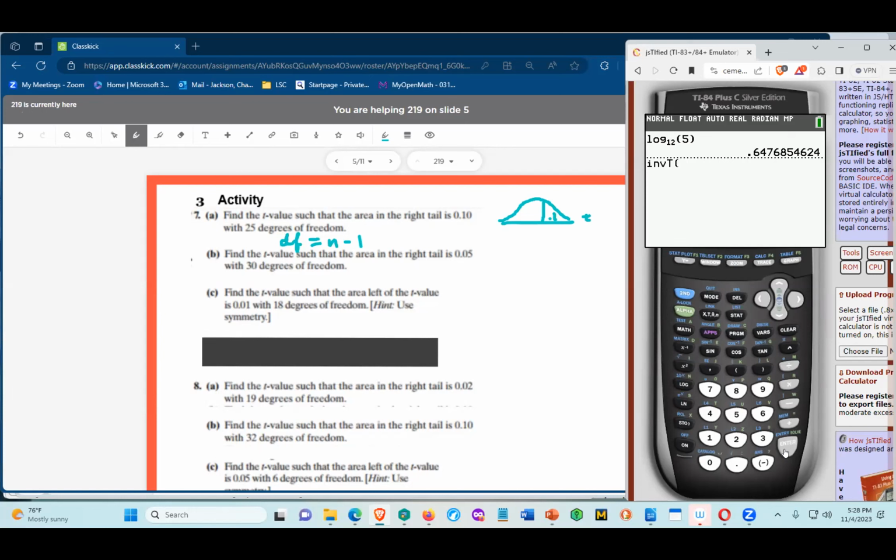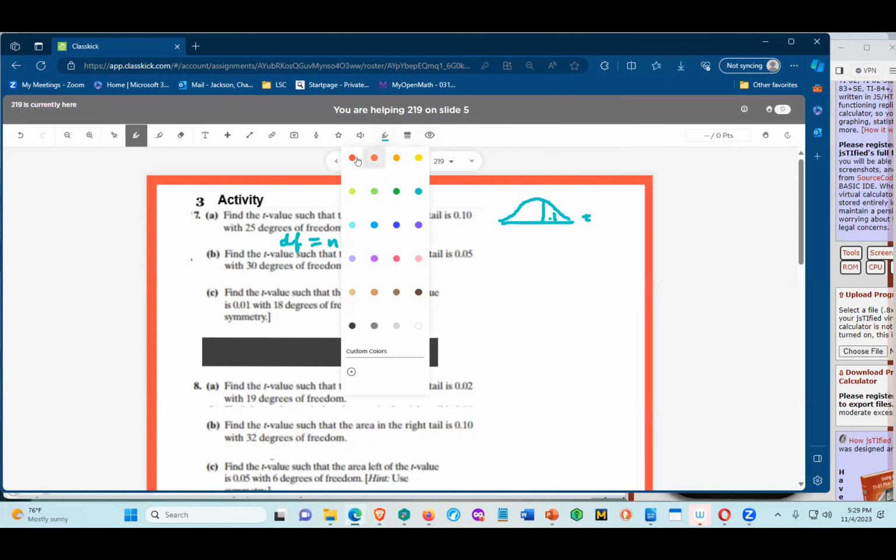Basically the information that's given right here. So let's see if I'm right on my memory for that. 25 degrees of freedom. And yeah, that's the kind of value of t that I expected.